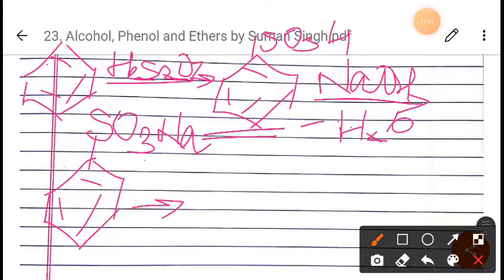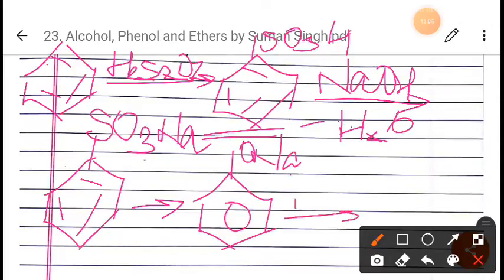So it will give sodium phenoxide like this, ONa, which is further treated with HCl, and NaCl will come out. It will give phenol.